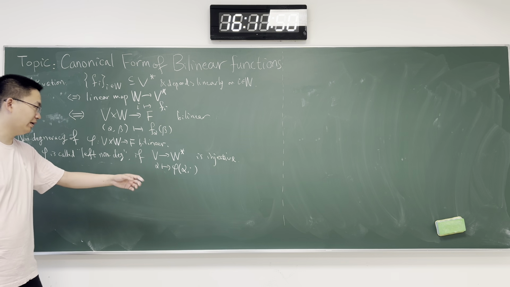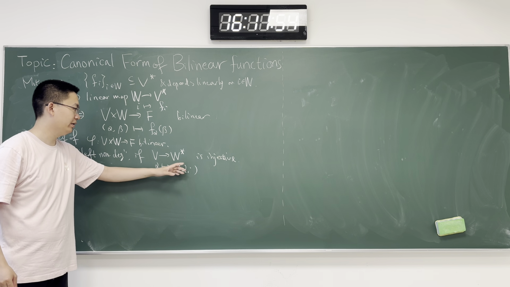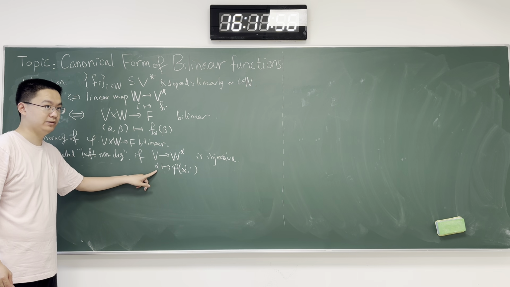It simply means that if Phi alpha beta vanishes for all beta in W, then alpha must be 0.